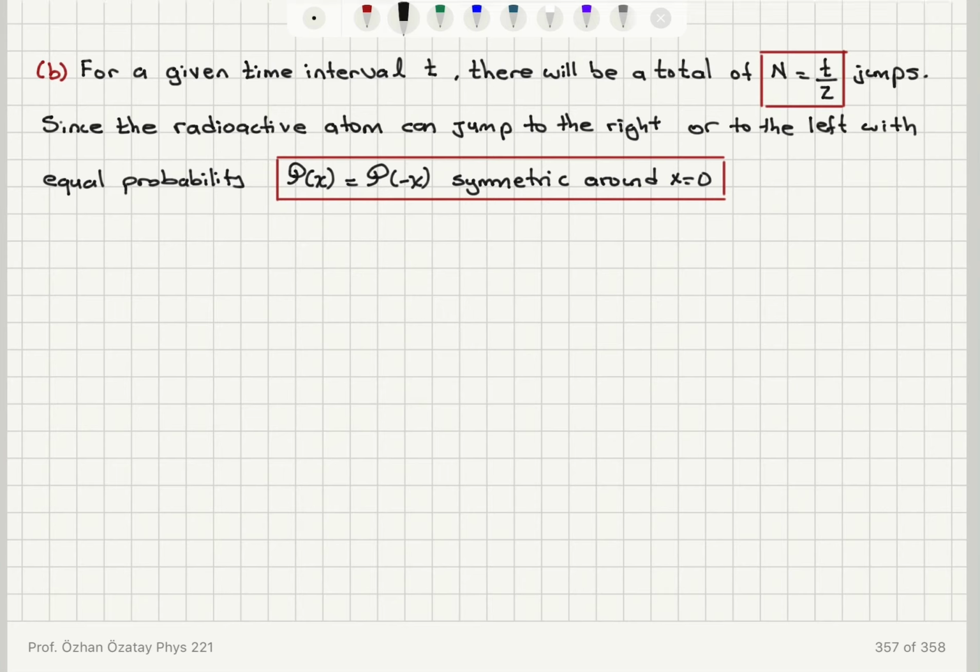And once again, I call n the number of jumps to the right. I call n prime number of jumps to the left, and n plus n prime is equal to capital N, total number of jumps.